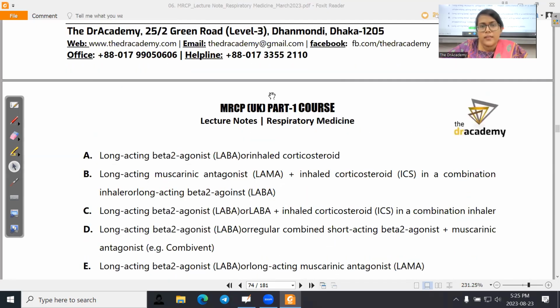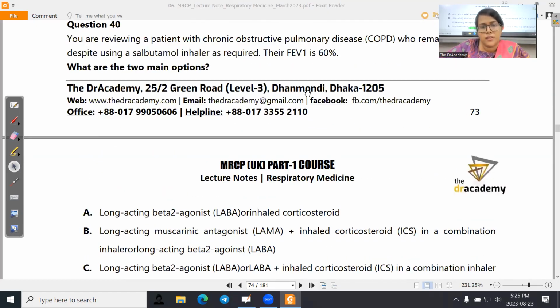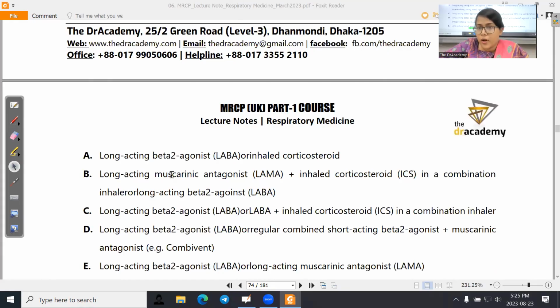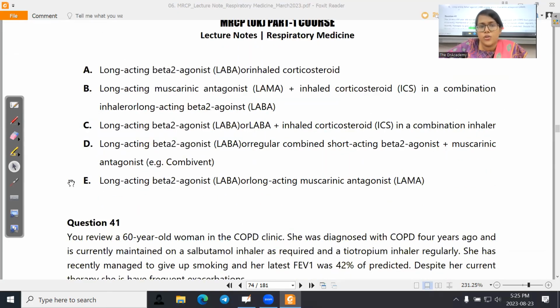In that case, after trying the first line, which is the SABA or the SAMA, you can consider either adding the LABA or the LAMA, not both of them. And there is no role of inhaled corticosteroid as of yet. So the option is actually option number E, which is indicating either LABA or LAMA.